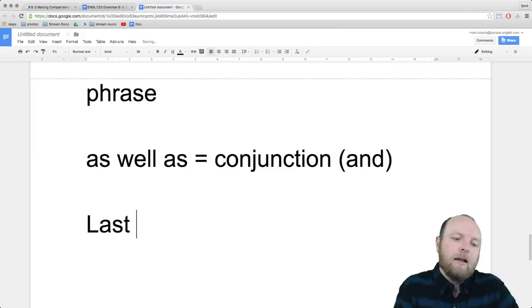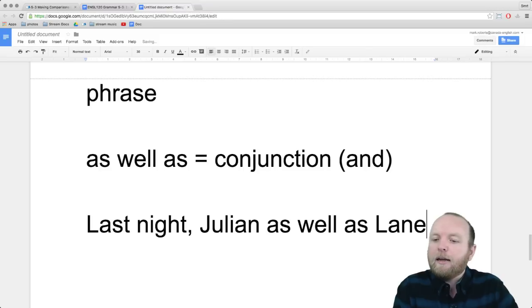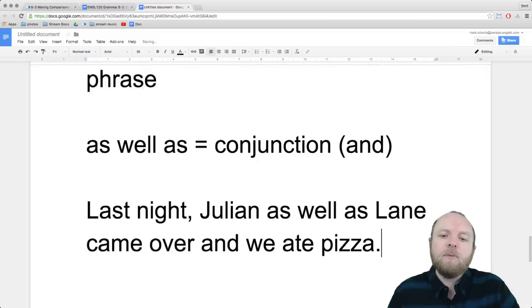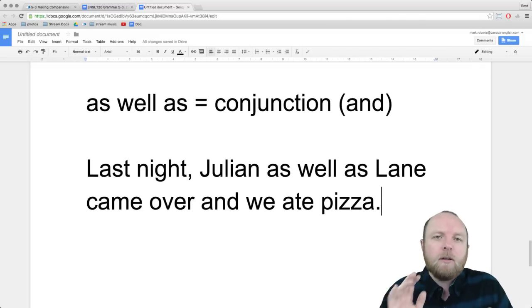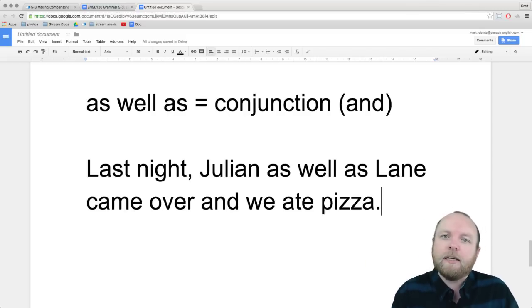Last night, Julian as well as Lane came over and we ate pizza. Okay, you understand this meaning? So this is a special meaning in English. It just means and. So I'm not talking about that today. This is not the meaning of as well as in my lesson today. This is just a special phrase, okay, Iran?